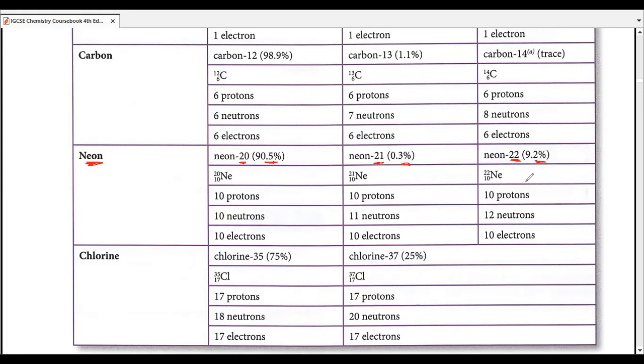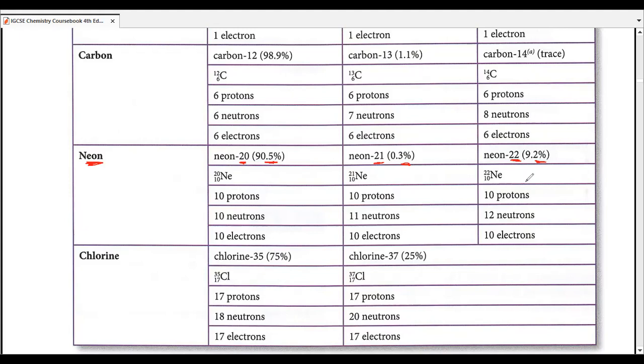Then we're going to use another bracket for the second one, which is 21 multiplied by 0.3, and then add it. In the third bracket we're going to put the third one, which is 22 multiplied by 9.2. After finding the whole answer, we're going to divide it by 100.